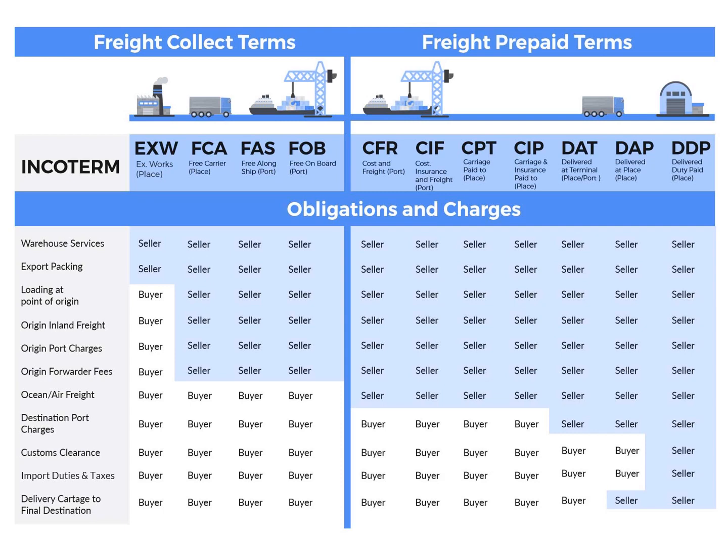So it means that the seller is going to pay all of the costs from warehousing services up to delivery cartage to final destination. Of course, this could be a big deal, but as a seller, I think he already included all of the costs in the price of the goods being sold to the buyer.